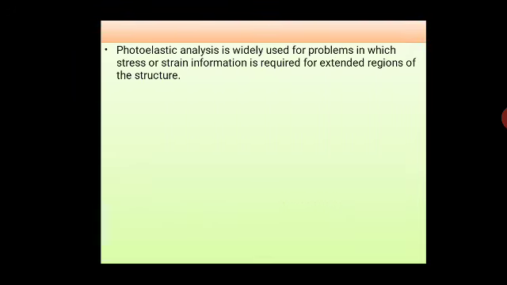This technique is widely used in problems where members are subjected to complicated loading conditions. One best thing about it is that stresses and strains can be calculated very easily within the member at any point.